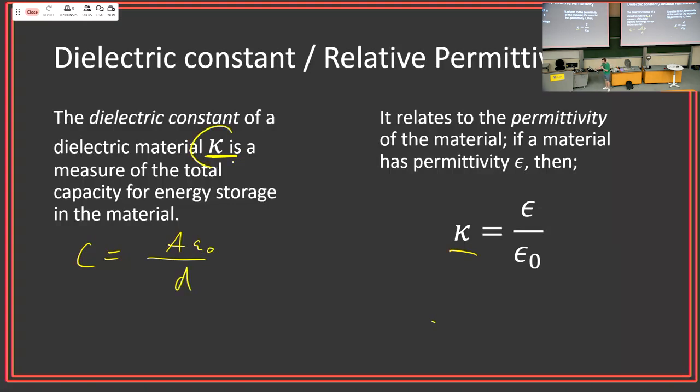If it's full of a material with a dielectric constant kappa, then the capacitance of the new object is just kappa times that. You just multiply kappa in there. Because whenever you have a new material, you only replace epsilon naught. That's it. Dielectrics are the easiest thing in the world.